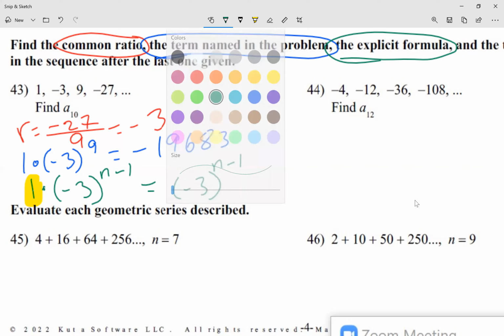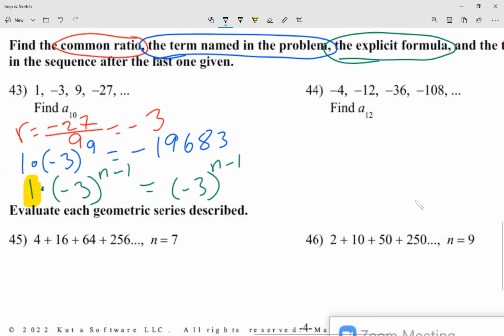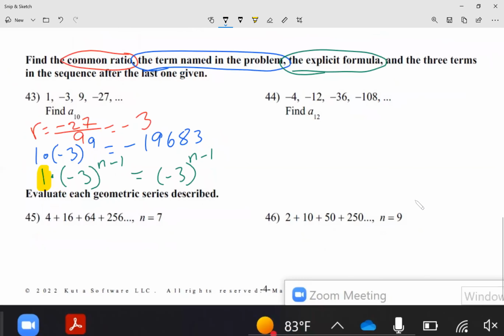Now, another thing I'm going to ask you guys is the 3 terms in the sequence after the last one. We see that on my list, I gave you guys negative 27. That's the last number. I want you to give me the next 3 numbers. We know the ratio is negative 3. So I'm going to multiply negative 27, the last number, times the ratio.